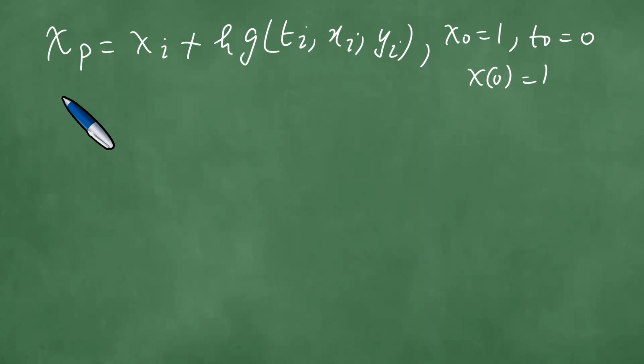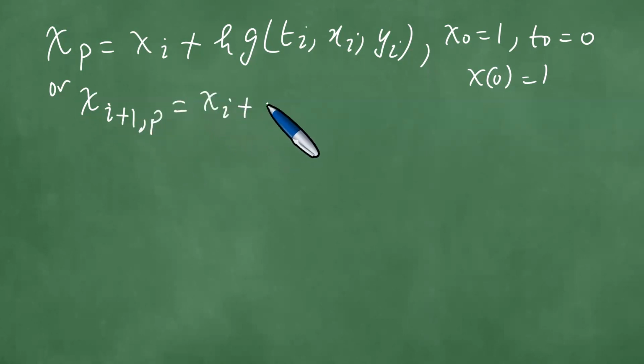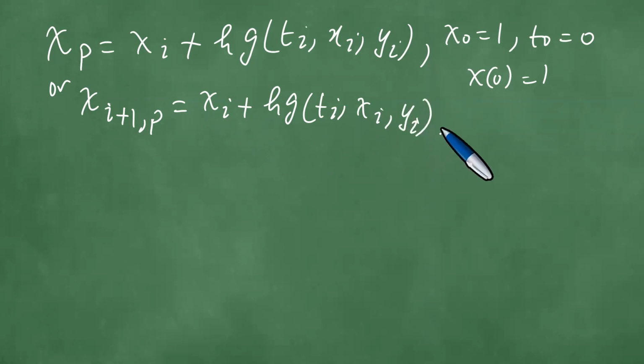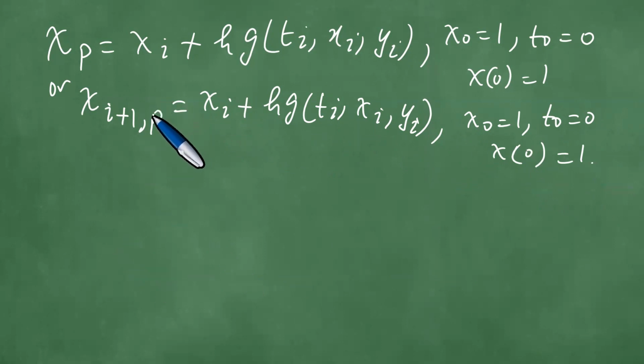I've just written the y_p there, but it can be written as y_{i+1}, and I'm going to write that variant form of this equation. These can also be written like this, which makes things a bit more colloquial. y_{i+1} predictor is x_i plus h g of x_i, t_i, then y_i, then x_0 is 1, t_0 is 0.